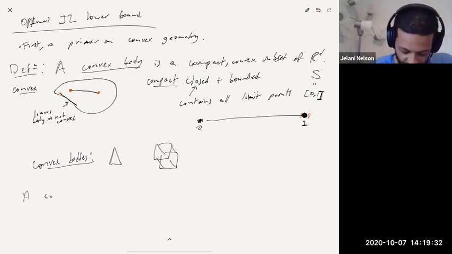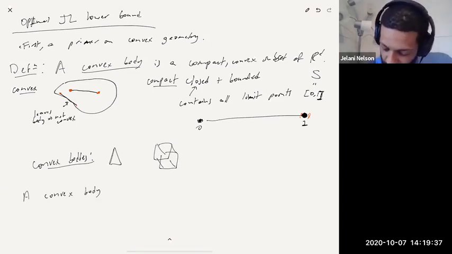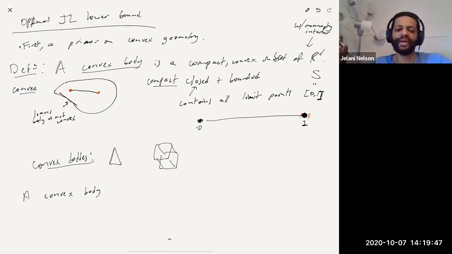And a convex body, oh, and I should say it's a convex set of R^d with non-empty interior. So if I just have a singleton point, for example, or if I have a line in 3 dimensions, I'm not going to call that a convex body. It has to have some volume for me to call it a convex body.